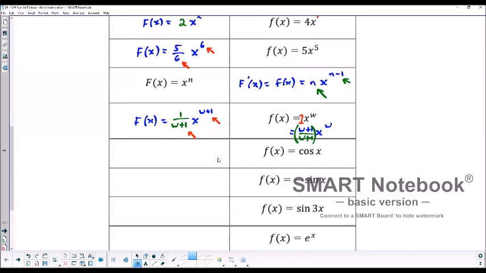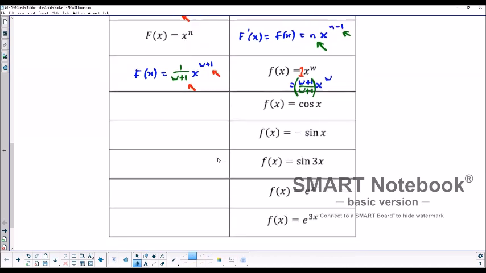All right. So now we have to take a look at these special cases. Remember when we differentiate sine x, we get cosine x. So of course this side is always the derivative of our antiderivative. That derivative gives us cosine x, so that means the antiderivative had to have been sine x.